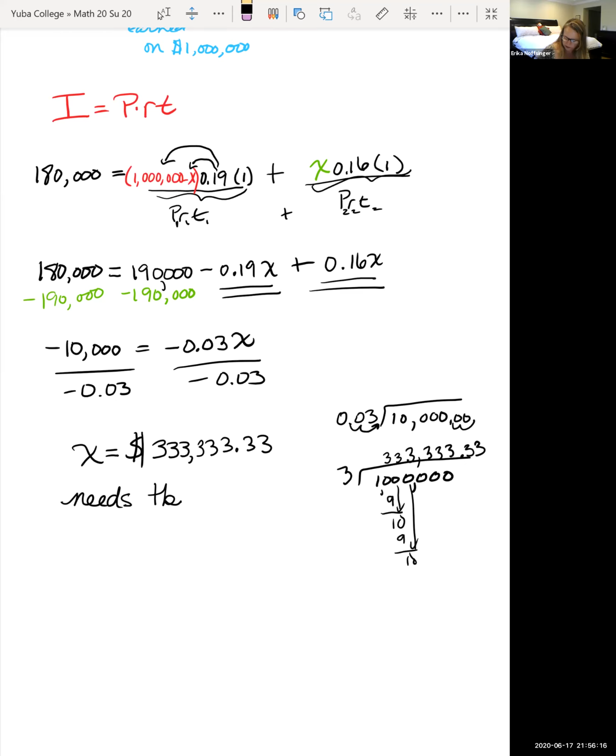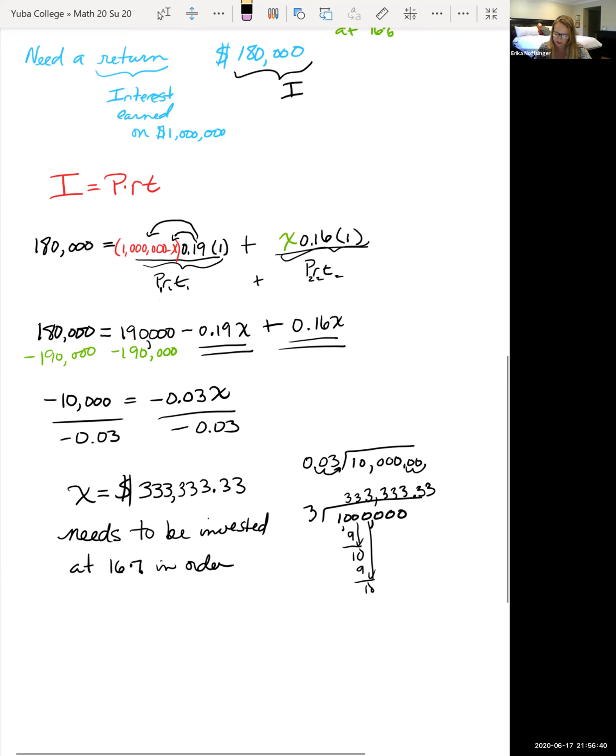So we know that this is the amount that needs to be invested at 16% in order for them to meet the return.